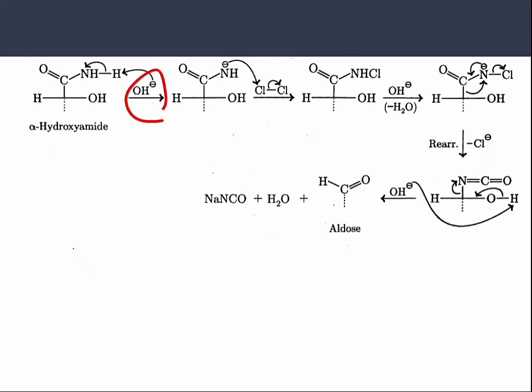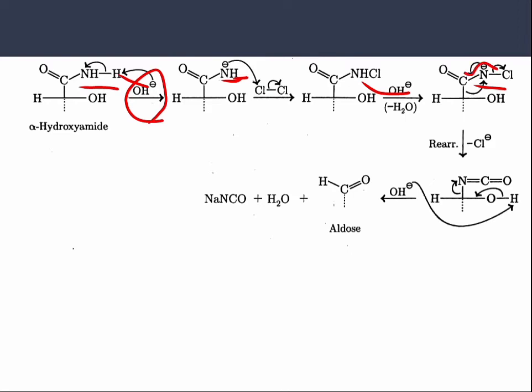Okay, this is the reaction mechanism of alpha-hydroxyamide. At first this base will take up this proton and this NH will become minus, then this NH minus will take one chlorine and become CONHCl, then another OH minus. What it will do? It will take this hydrogen. This OH minus will take this hydrogen from this nitrogen, and this nitrogen will become minus.